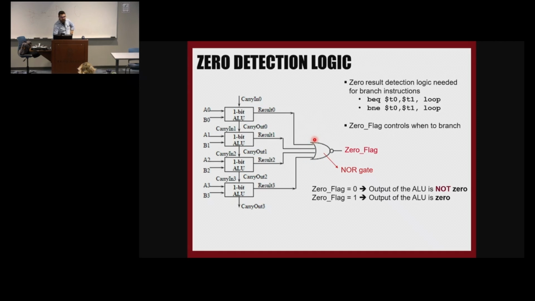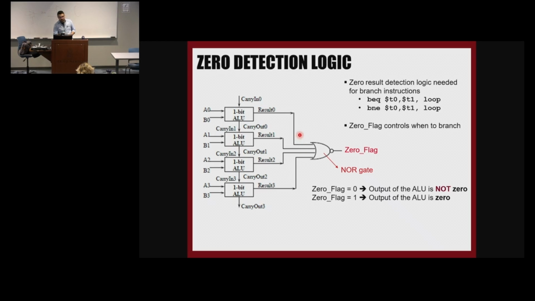Okay, so NOR gate, it means that if one of these inputs is 1, the output is going to be 0. It is enough to have one single 1 in all of these bits to have a non-zero result.